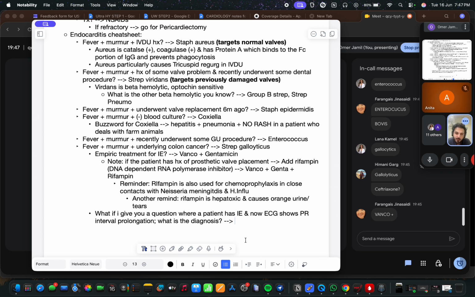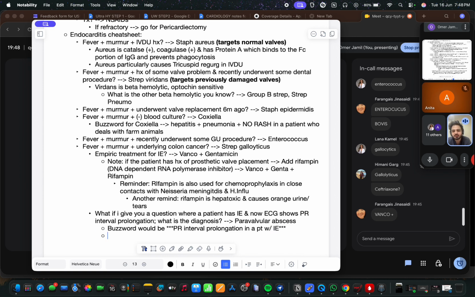Anyone? Okay, so I don't see any answer. It is basically paravalvular abscess. Okay, paravalvular abscess. So buzzword would be PR interval prolongation in a patient with infective endocarditis.